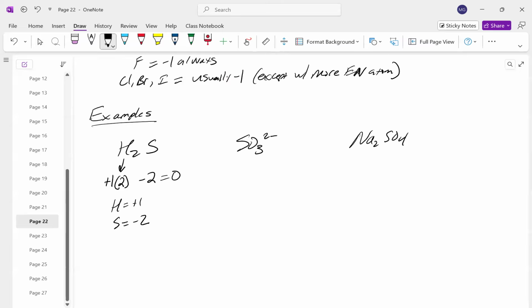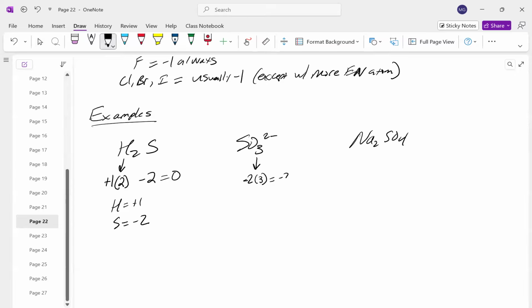Now let's take a look at sulfite, SO3 2-. So we're going to assume oxygen is always -2 unless it's in a peroxide or attached to a more electronegative atom. And I have three of them.